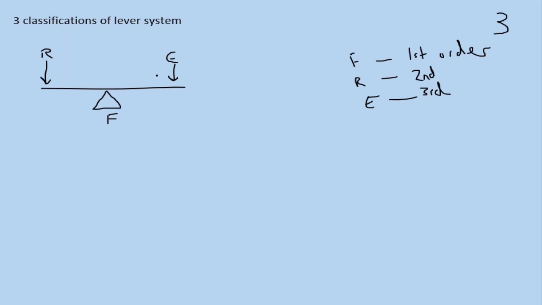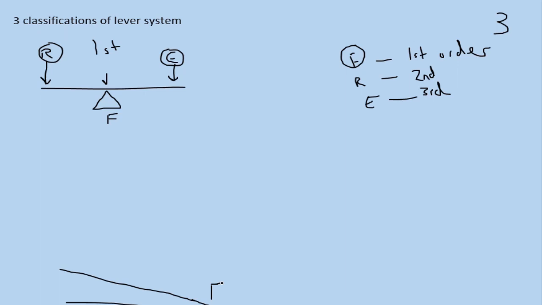When I say in the middle, it's placed between the resistance and the effort. So therefore, if the fulcrum is in the middle, it's called a first order lever. Okay, so let's say that we have a lever system like this.